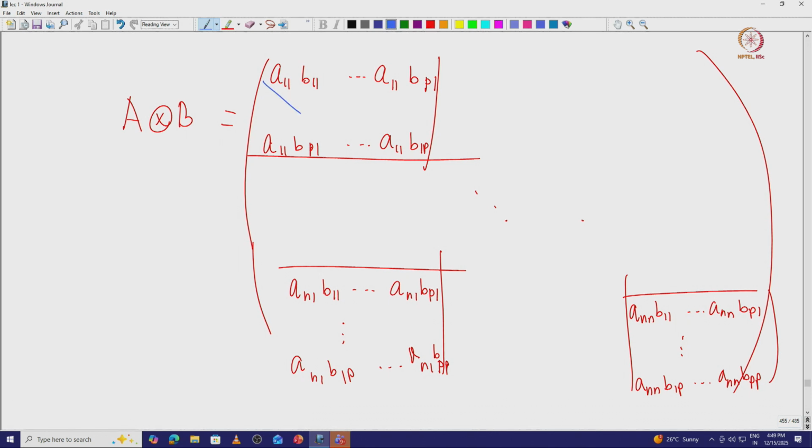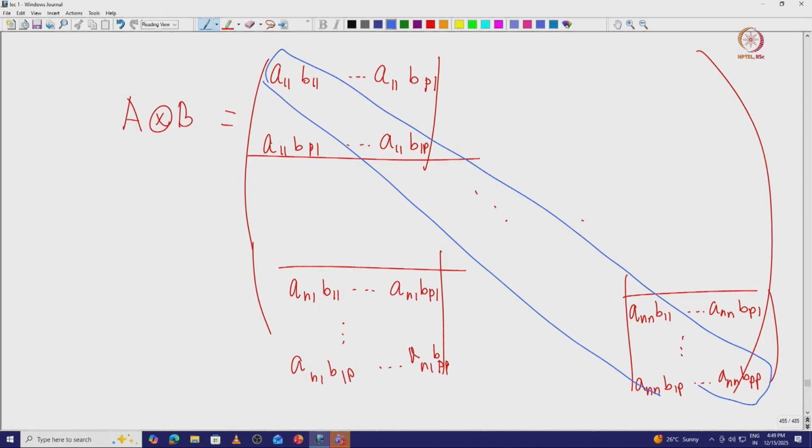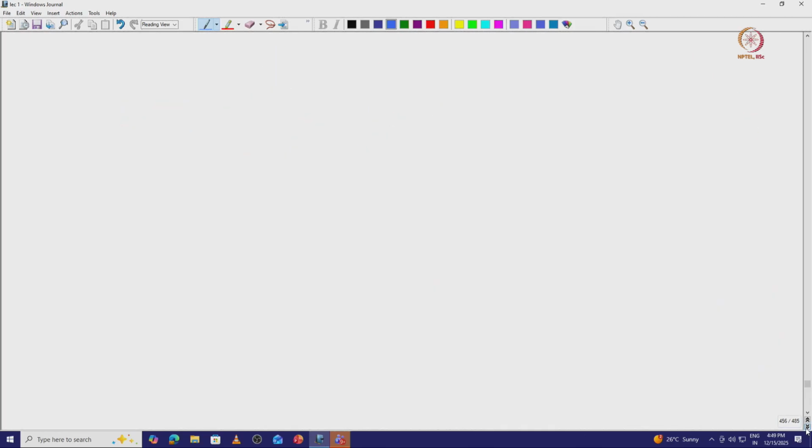Now what will be the diagonal entries? The diagonal entries are these entries. This is going to be in the diagonal, this is going to be in the diagonal, and so on. So, basically we have the diagonal entries A11 B11 plus A11 B22 plus etcetera plus A11 BPP.